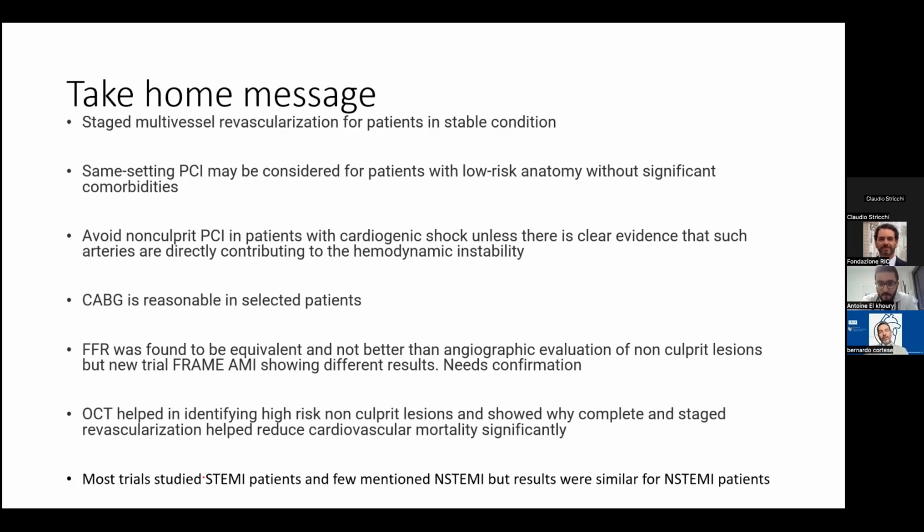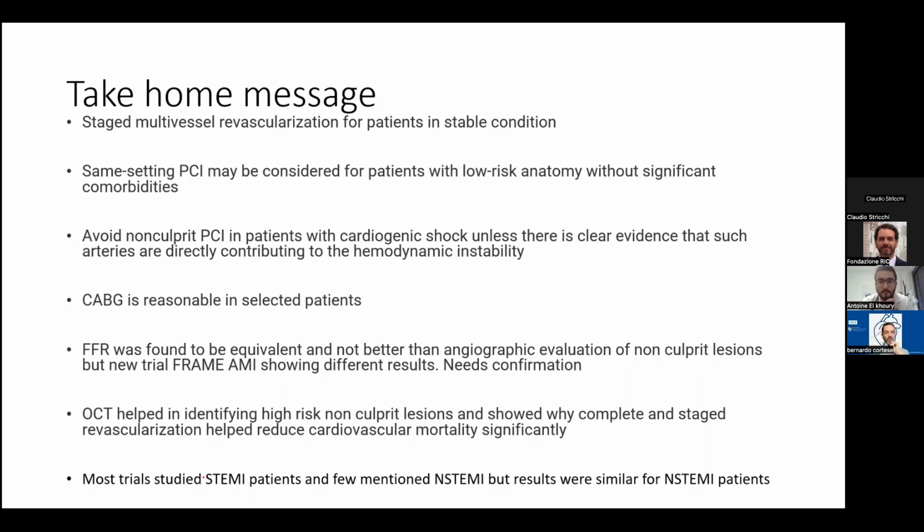Okay, thank you. Yeah, Claudio, I think that your question was not dumb, but a well-placed one, because if you were meaning in how many cases in percentage in the setting of acute MI do we do FFR for the other lesions, I would say not very often, actually.